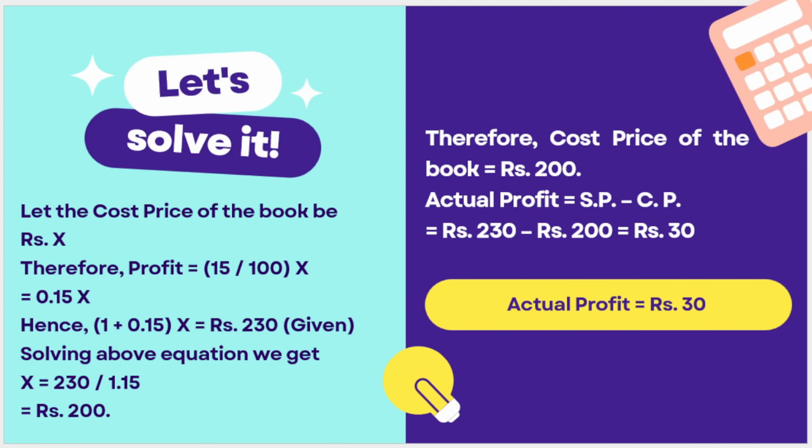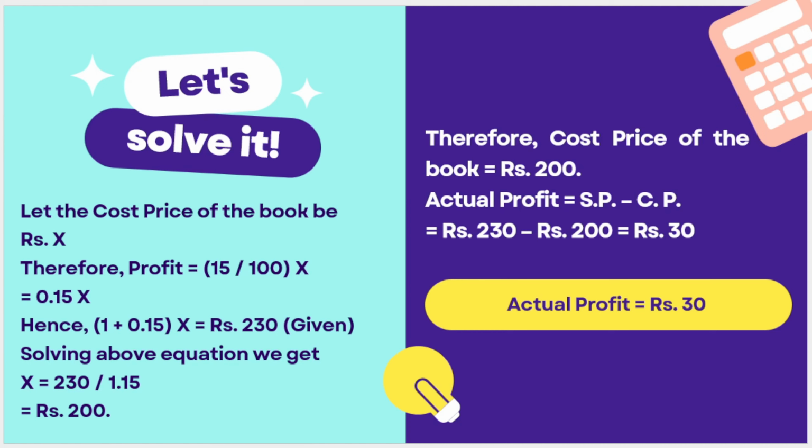Solution to example 8: let the cost price of the book be rupees X. Therefore, profit at the rate of 15% can be found as 15 divided by 100 multiplied by X, which comes to 0.15X. Therefore, the selling price can be calculated as cost price plus profit, which comes to X plus 0.15X. This can be equated to rupees 230, which is given as the selling price of the book.